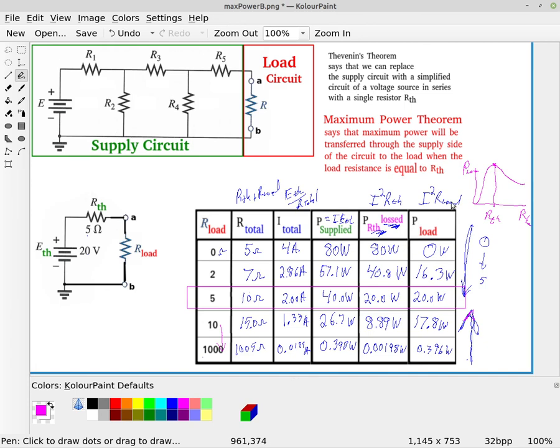And so we can see that we basically just verified the maximum power theorem. You get the maximum amount of power through the supply circuit over to the load when the load resistance is equal to the Thevenin resistance.